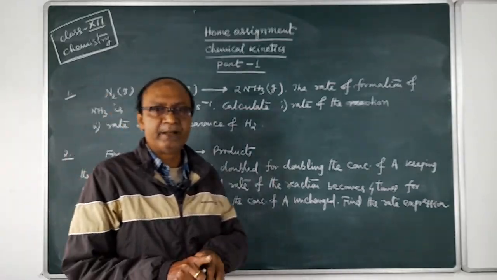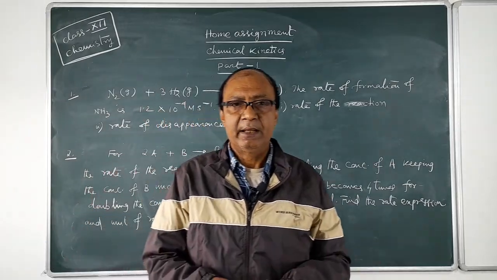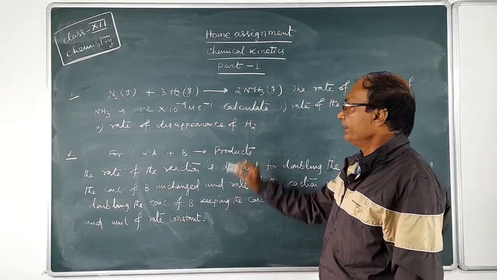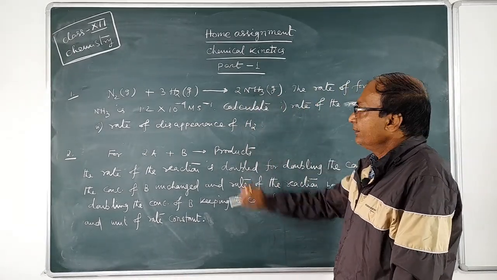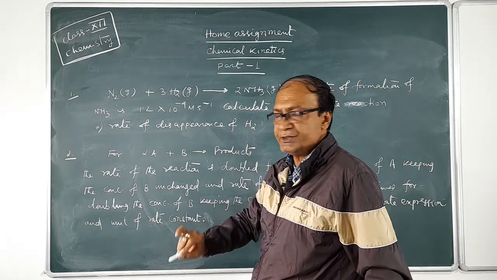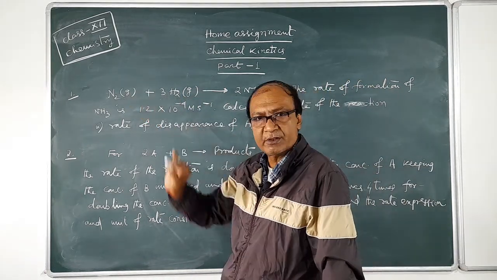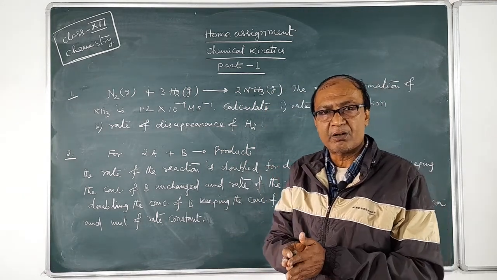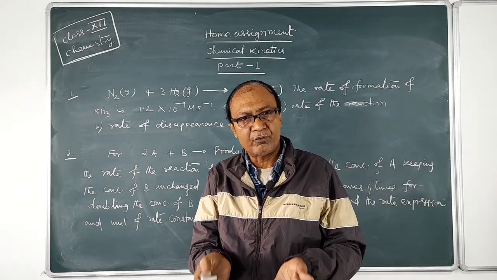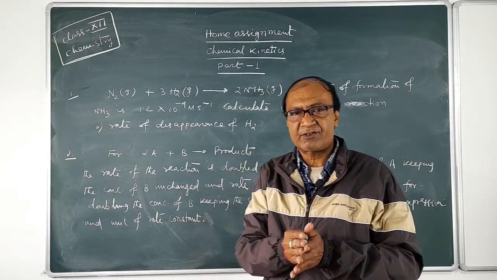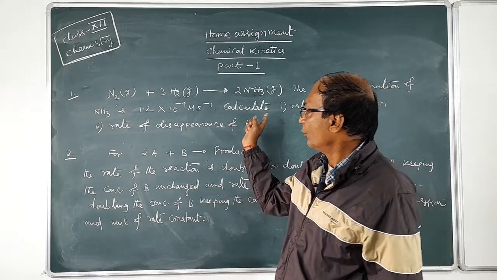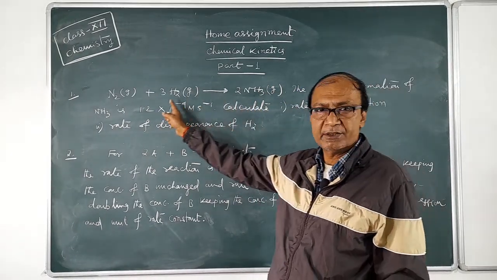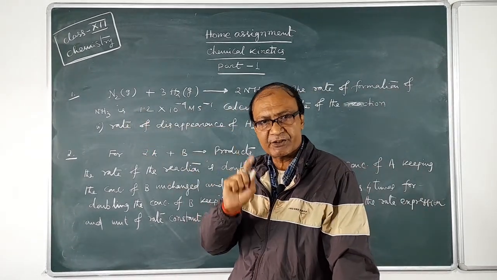Rate of the reaction means the rate of the overall reaction. You know that the rate of this overall reaction depends upon the rate of formation of ammonia, the rate of consumption of hydrogen, and the rate of consumption of nitrogen. The individual rates of consumption or formation may vary, but the overall rate depends on every substance involved in the reaction.